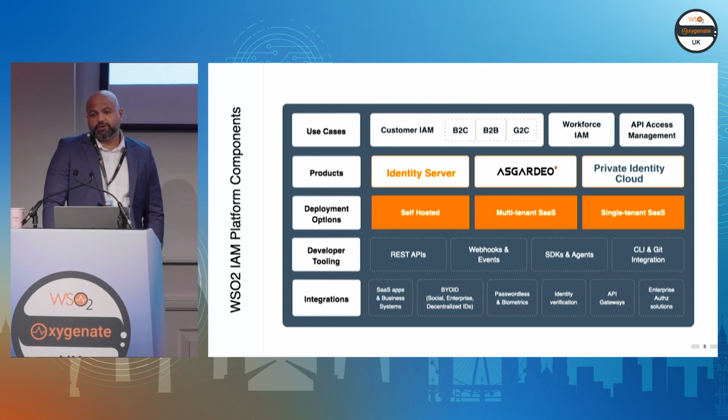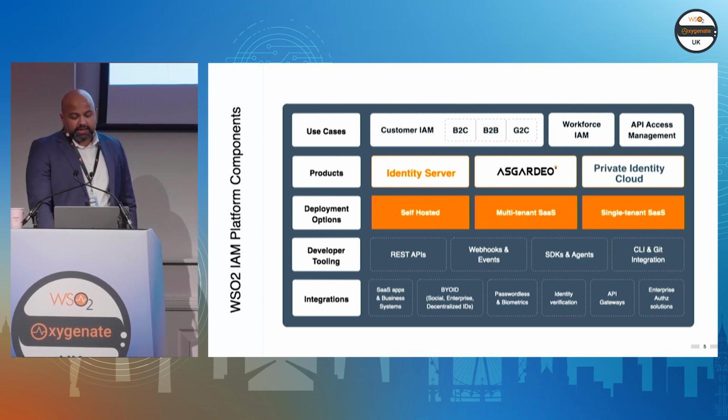If you want to create your own identity and access management platform and host it yourself, you will be using the Identity Server product, which has the same set of capabilities as the other offerings. If you are happy with using a multi-tenant SaaS product, you can use Asgardeo. If you want a private cloud environment, which is still managed by WSO2, you can go with identity cloud, private identity cloud.